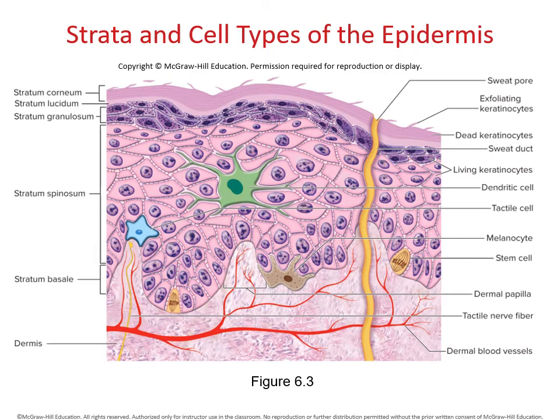So here's my picture again. We started off with the stratum basale, then we had the stratum spinosum, and then on our last slide we talked about the stratum granulosum that's going to form the granules that are going to start bundling together the keratin. And notice how when you go from the stratum granulosum to the stratum lucidum, which is exclusively found in thick skin, the cells now no longer have any organelles.